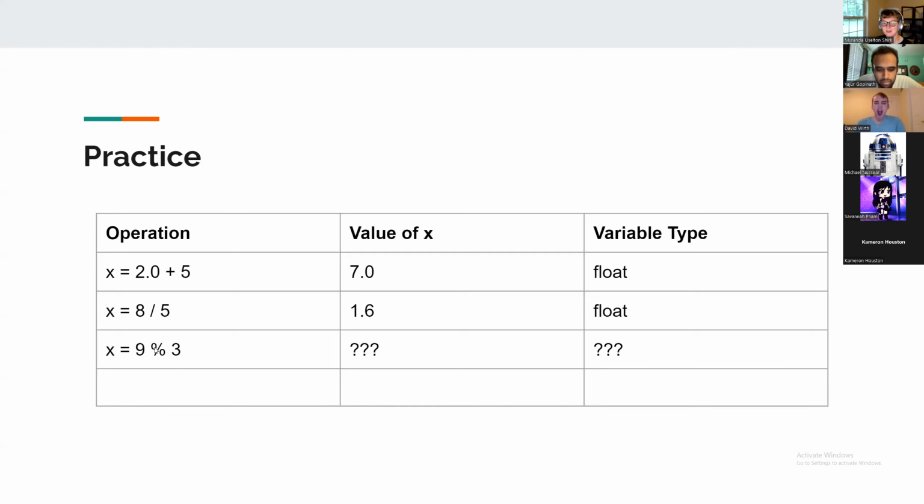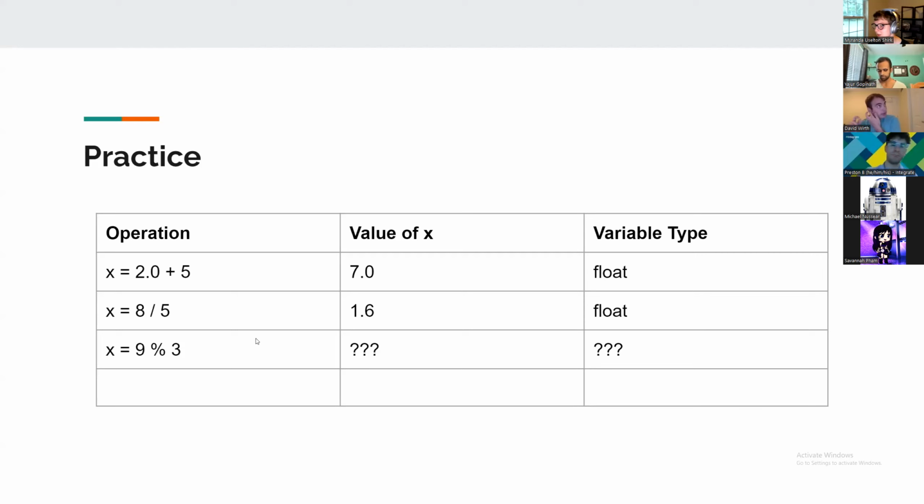Okay, now we have 9 mod 3. So this is if you say 9 divided by 3, what's the remainder? Yep. So 9 divided by 3 is 3, and there's 0 remainder because there's nothing left over. If modulo is not making sense to you right now, that's okay. I can send you some resources for it. It's not going to be vital to you understanding how to code.